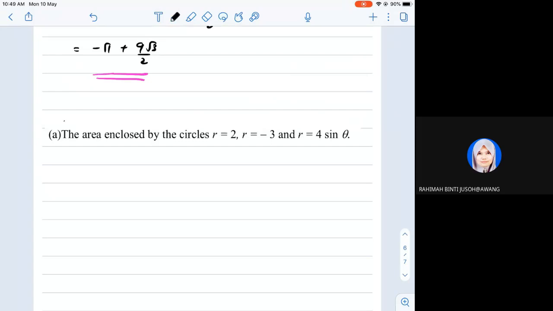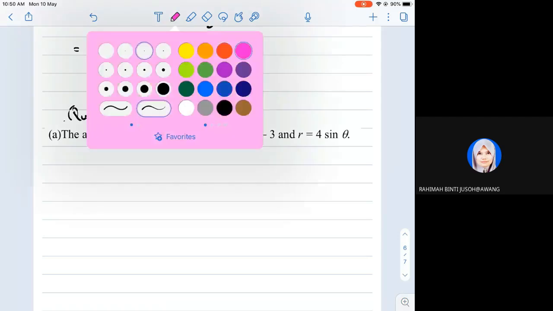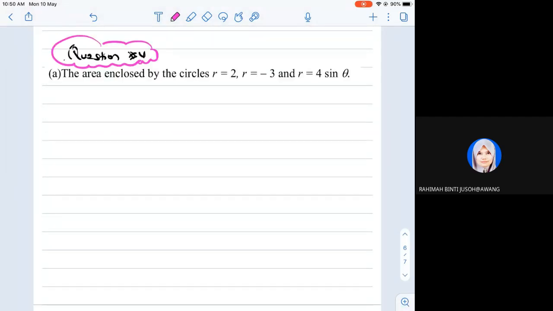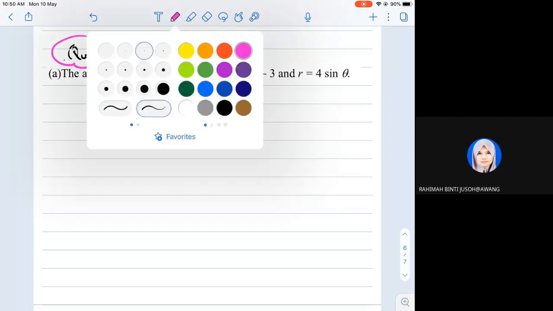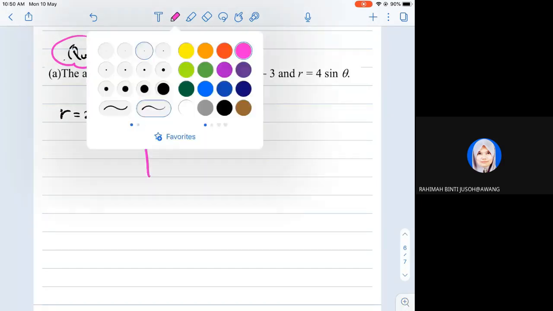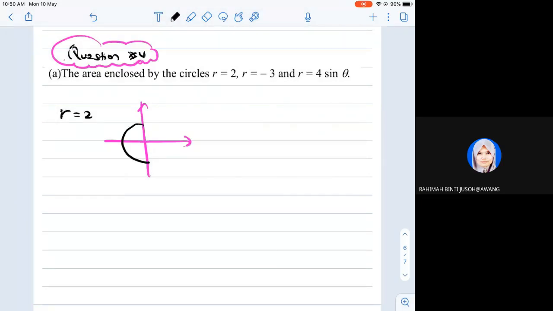Question 4A. Okay. Let's say question number 2 ni paling simple lah. R equals to 2. Kita ada, equals to 2.